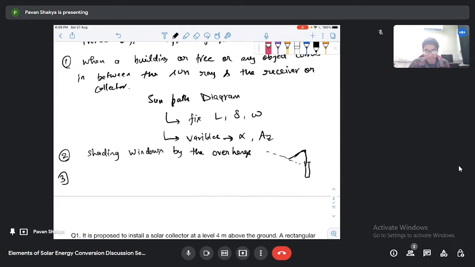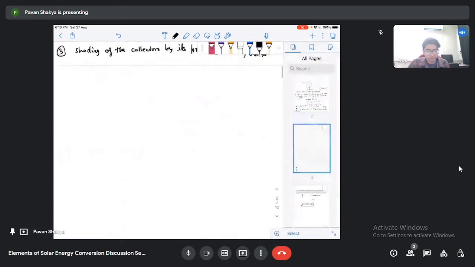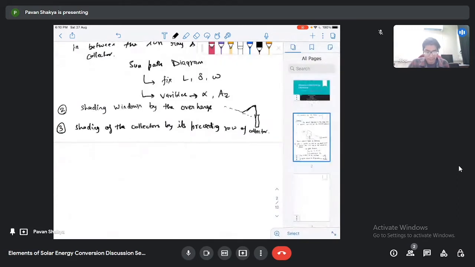Next, the third problem is shading of collectors by their preceding row of collectors. This happens when you have a number of rows of collectors.